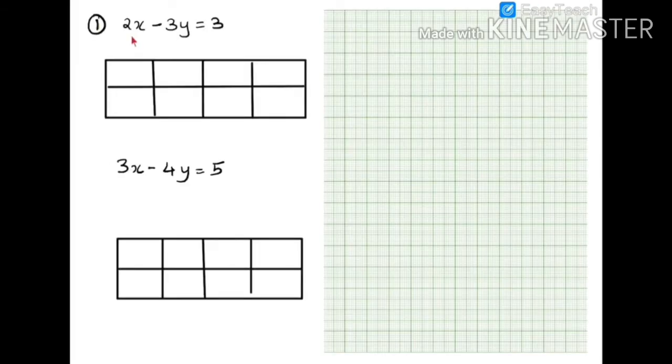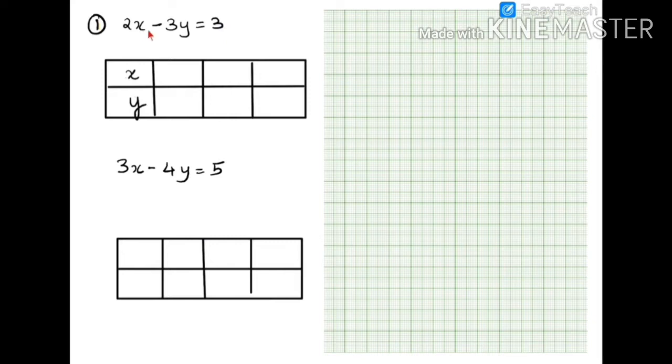The first pair of linear equation is 2x minus 3y equal to 3 and 3x minus 4y equal to 5. For each equation, you are going to find out ordered pairs of solution x, y. For that, you will choose values of x and then find the corresponding value of y after substituting in the equation.